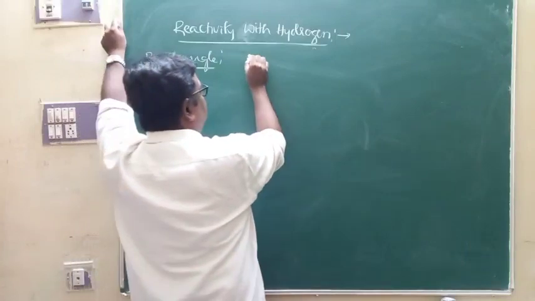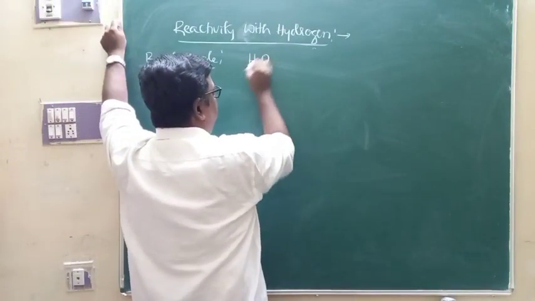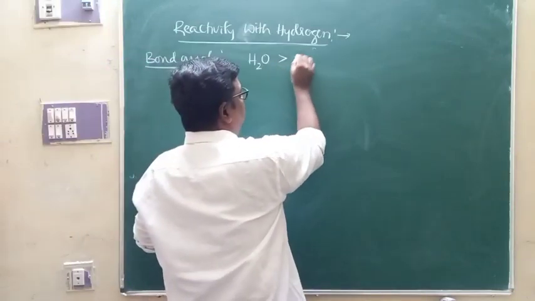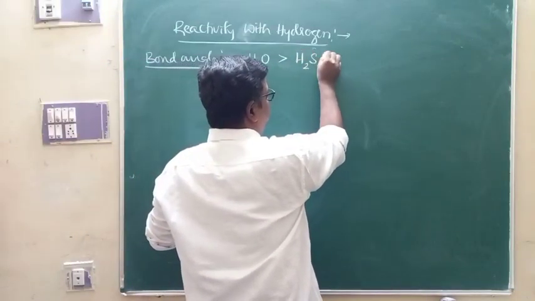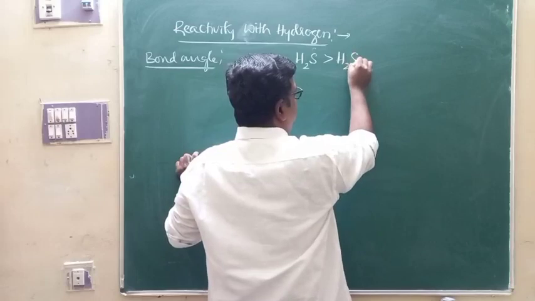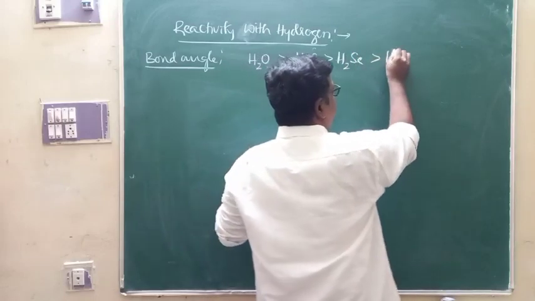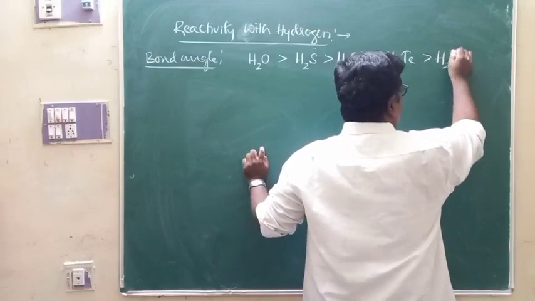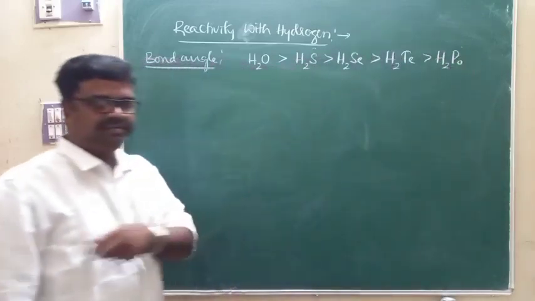As far as bond angle is concerned, the bond angle in H2O is greater than that in H2S, which is greater than that in H2Se, which is greater than that in H2Te, which is greater than that in H2Po.